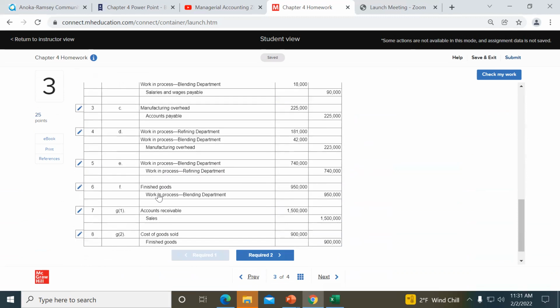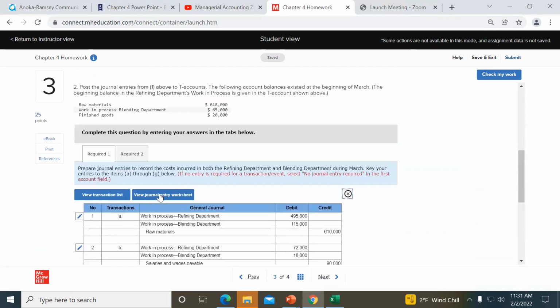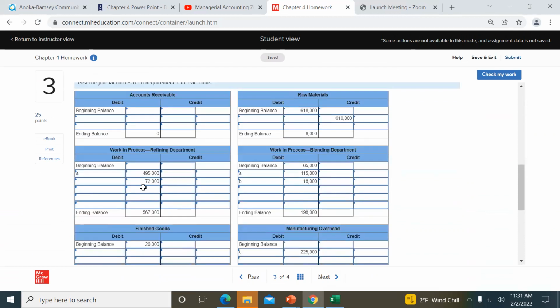D, refining 181, blending 42. $233, or 223, I should say.